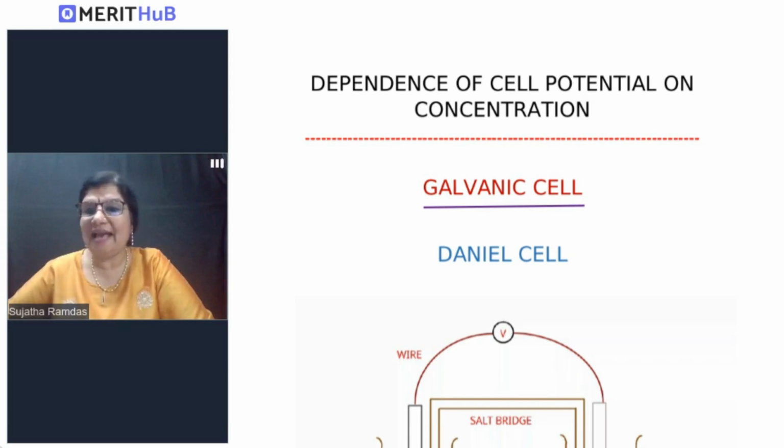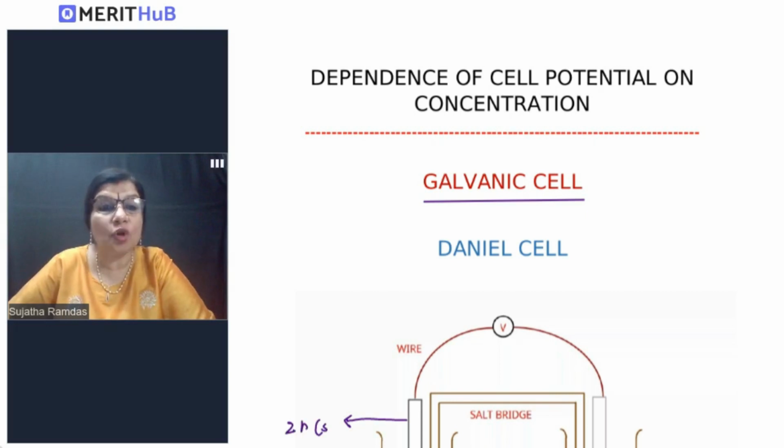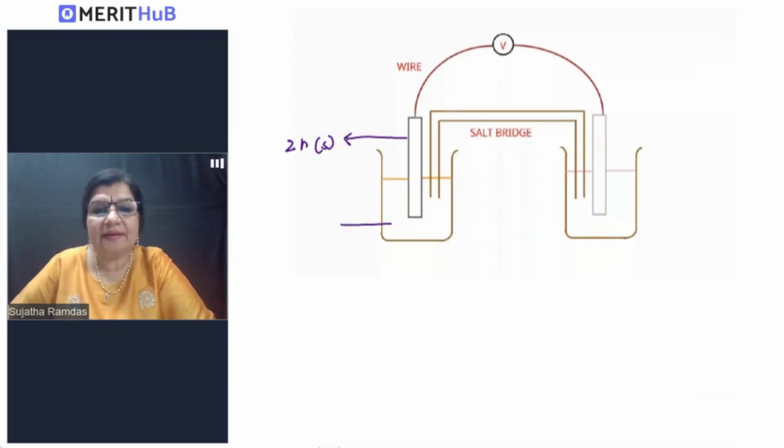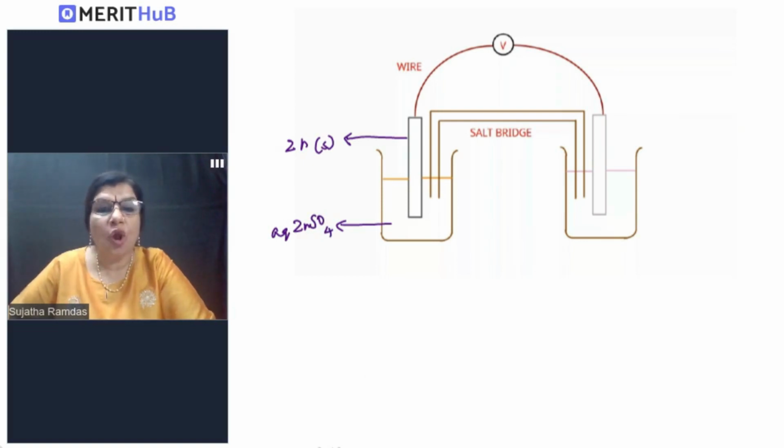To understand that, let's do a quick recap of a galvanic cell. A typical galvanic cell has been represented here, which is a Daniell cell. In one half cell, you have the zinc rod immersed in aqueous zinc sulfate solution of concentration 1 molar.